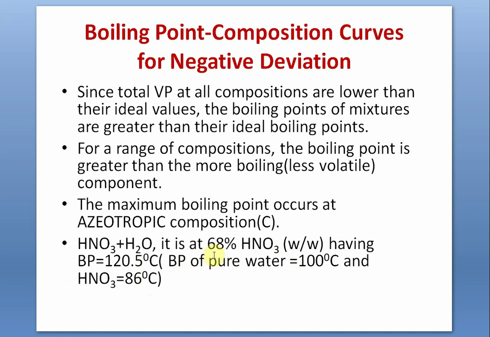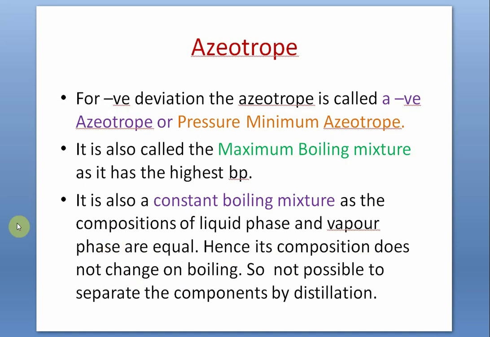So not that this is the only percentage where the boiling point of the mixture will be greater than 100. There are a range of compositions where the boiling point will appear more than 100. But this is the composition where the boiling point is maximum. Now, this is called a negative azeotrope or pressure minimum azeotrope or a maximum boiling mixture.